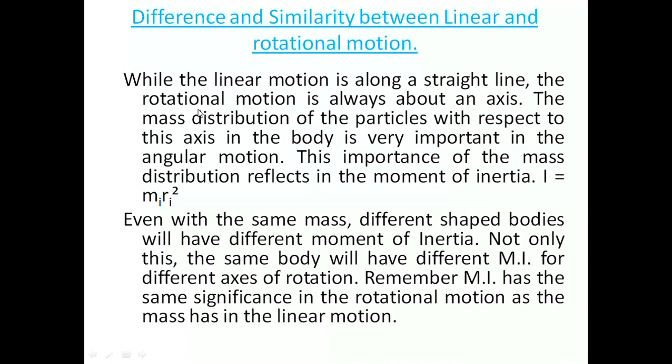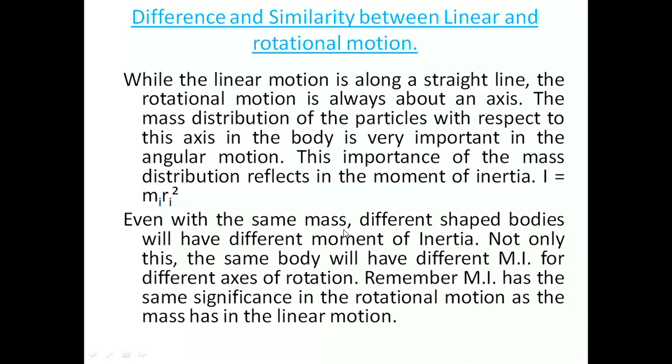And in rotational motion, all the particles move along circles with center on the axis but with different radius. The mass distribution of the particles with respect to this axis in the body is very important in the angular motion. This importance of the mass distribution reflects in the moment of inertia I equals sum of mi ri square.